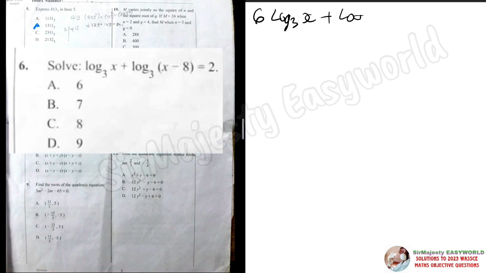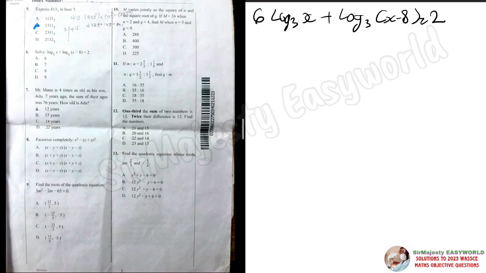That's number 6. Log base 3 of x plus log base 3 of x minus 8 is equal to 2. So remember that in the law of logarithms, when we see addition, we multiply the numbers that we are finding the log for. So this will be log base 3 of x times the bracket x minus 8, multiplication, is equal to 2.